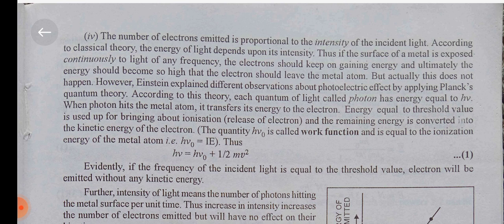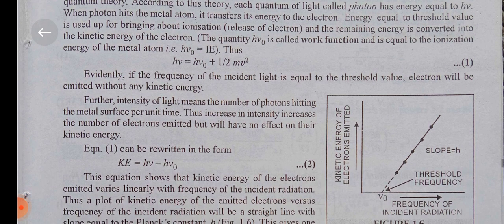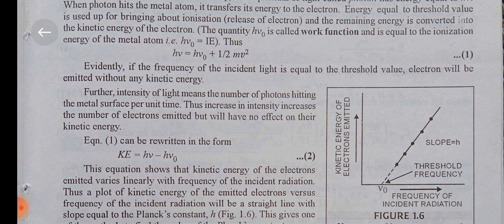The quantity h nu naught is called work function and is equal to the ionization energy of the metal atom. So h nu is equal to h nu naught plus half m v squared. If the frequency of incident light is equal to the threshold value, the electron will be emitted without any kinetic energy.